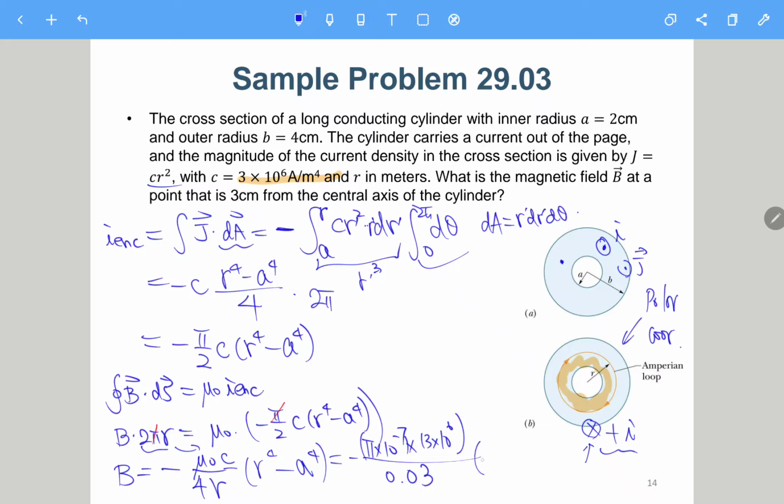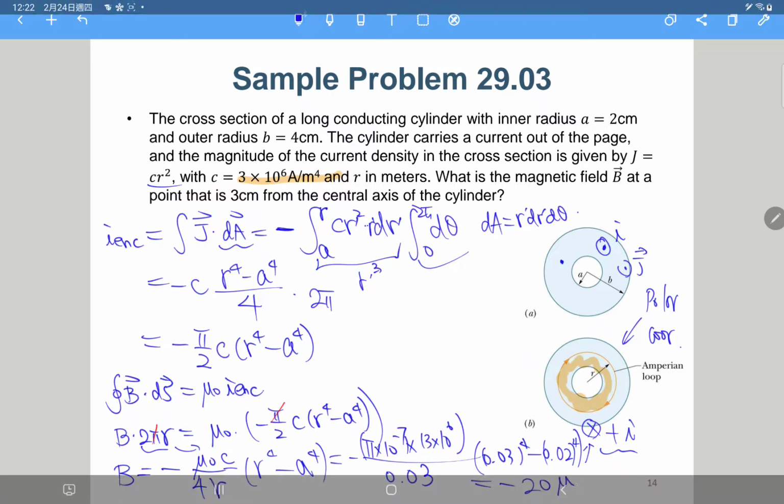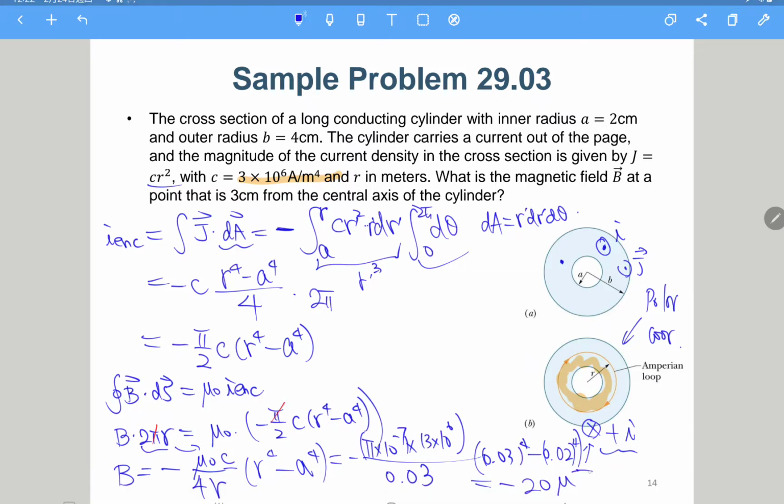And then here we have 0.03 to the 4th power minus 0.02 to the 4th power. So this term will be negative 20 mu Tesla.